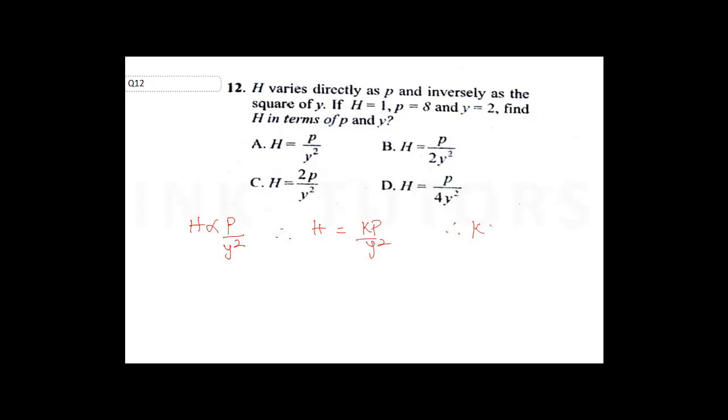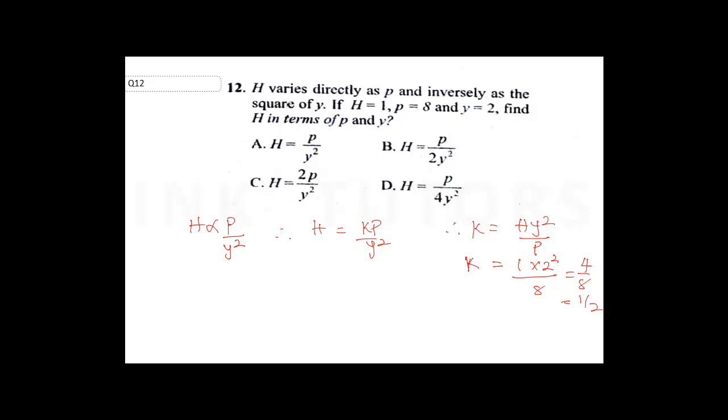Therefore k, our constant of proportionality, when you cross multiply, is going to be hy squared over p. So let's find our k. It says if h is 1 and y is 2, 2 squared, and p is 8. So this would be 4 over 8, which is 1 over 2.